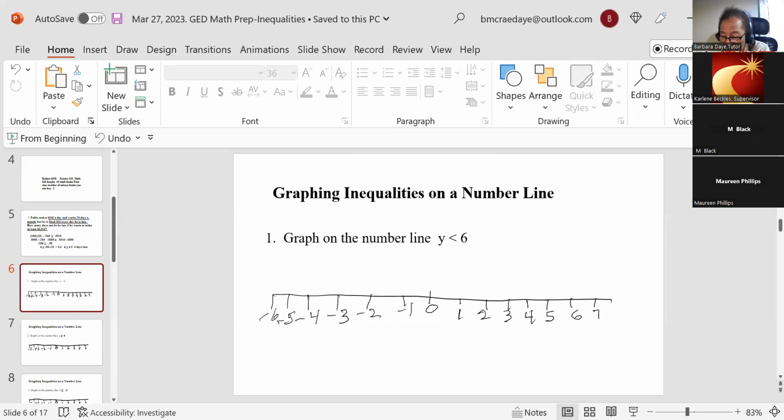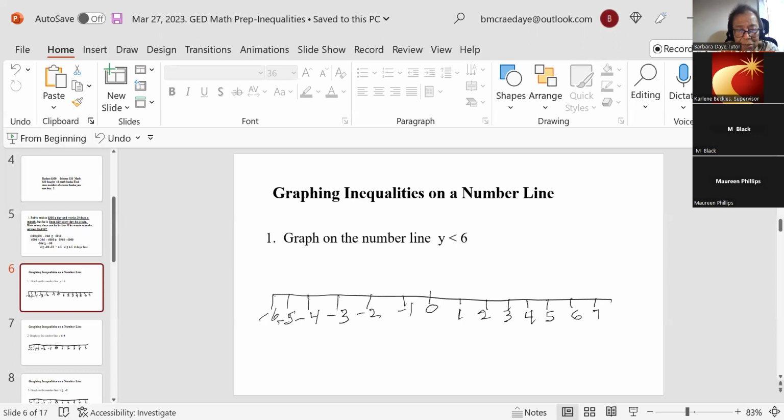Remember, we've got to put a circle, open or closed, and then we put an arrow in the direction to show whether it's less than or greater than. So tell me where to put the circle, whether it's shaded or not, and the direction it goes for y less than 6.